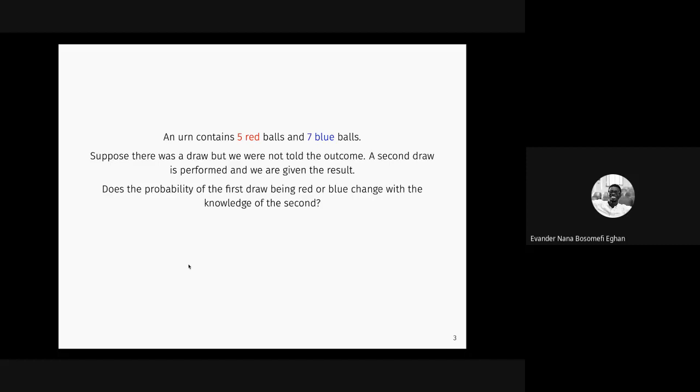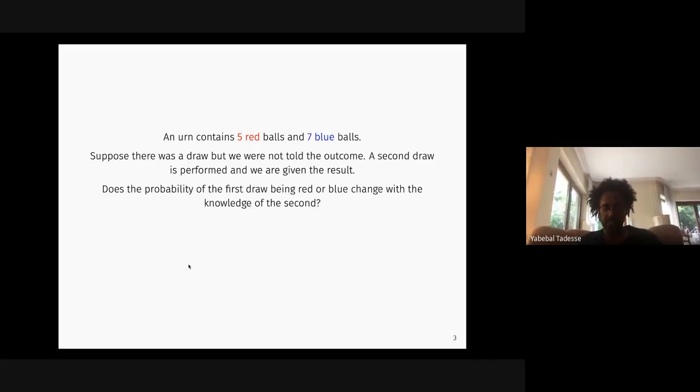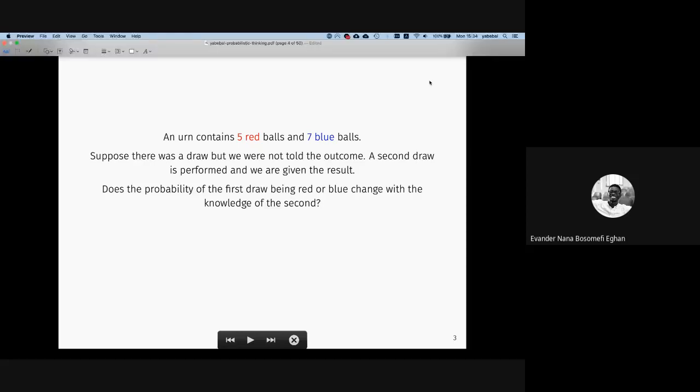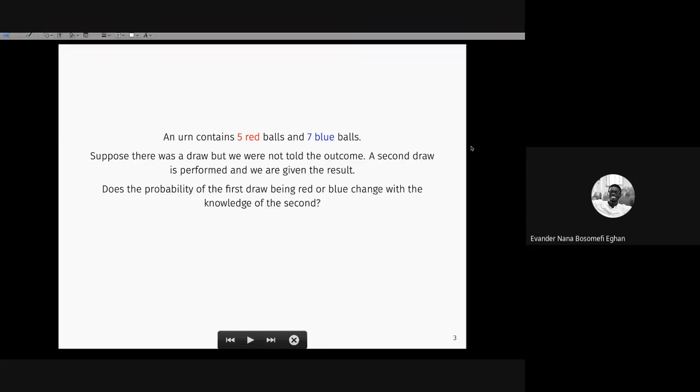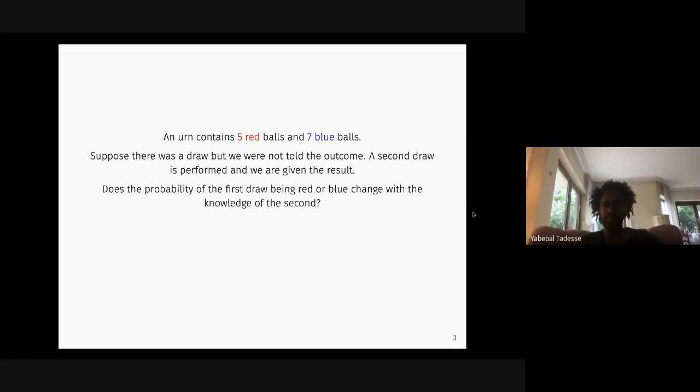Sorry, you were breaking up, I didn't hear. Say it again. I'm saying that because it's without replacement, the sample size for the first draw will be different from the sample size of the second draw. As such, the probabilities won't be the same. Yes, that's a very good point. Go on.